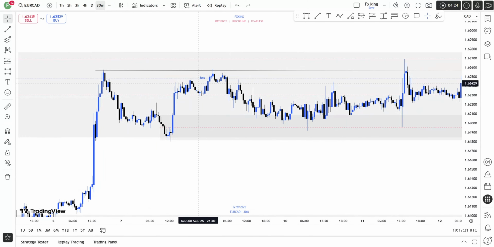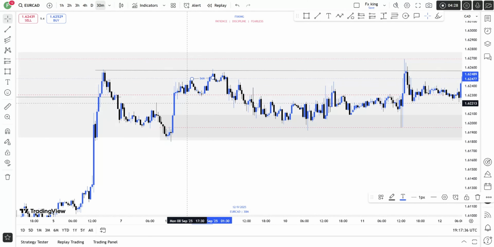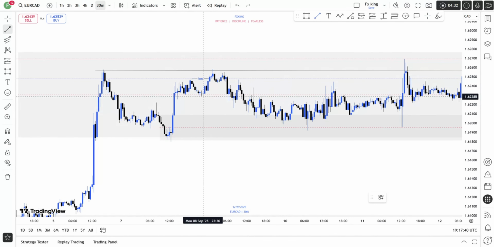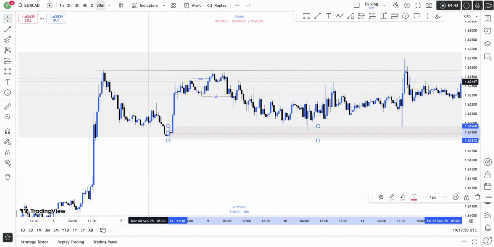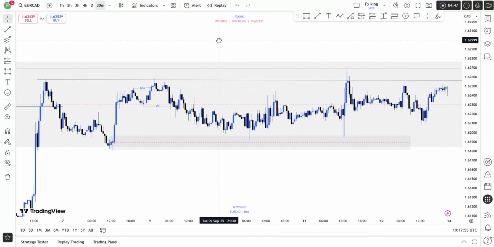This was a break of structure to the upside in this internal structure here. After that break of structure, it was followed by a change of character immediately here. So now I've already identified my zones, right? I've identified a possible buy zone here, and I've already identified that this market has swept liquidity here.